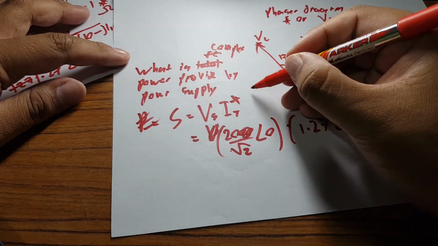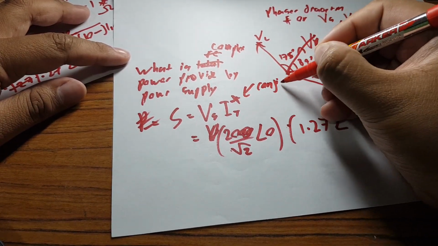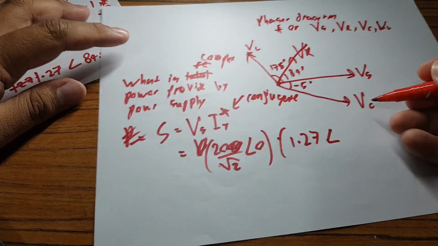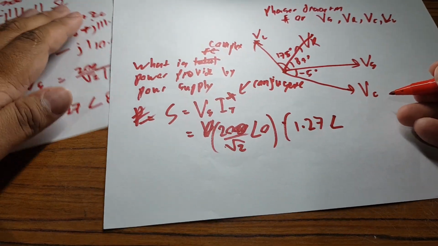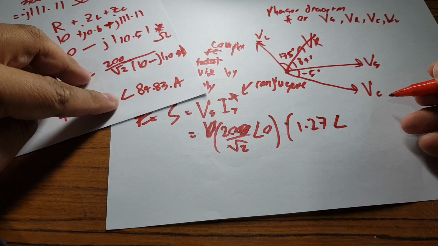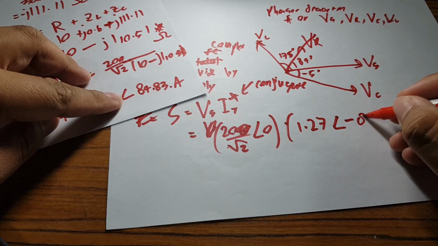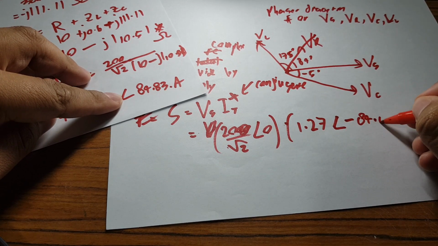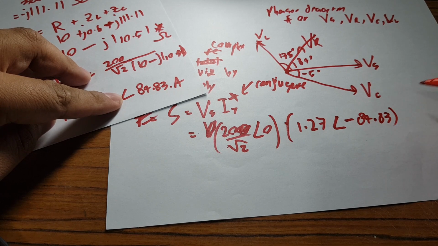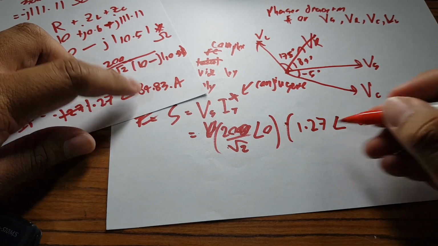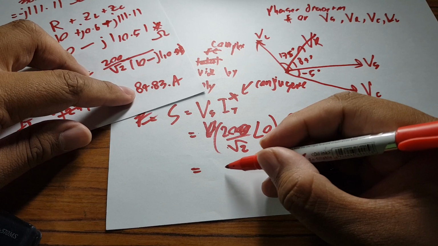Don't forget this is conjugate, and conjugate, okay, if you look here, positive, it becomes negative 84.83. So just use your calculator, you get the apparent power.